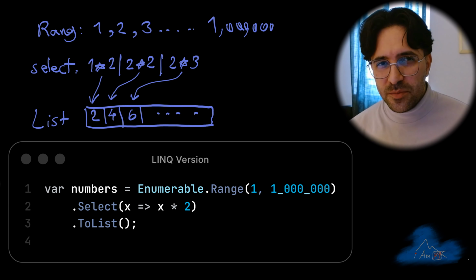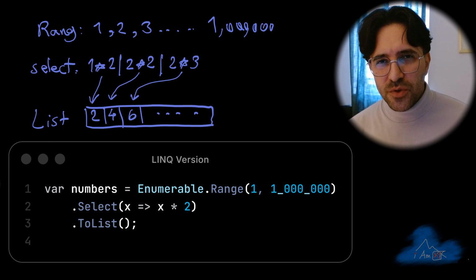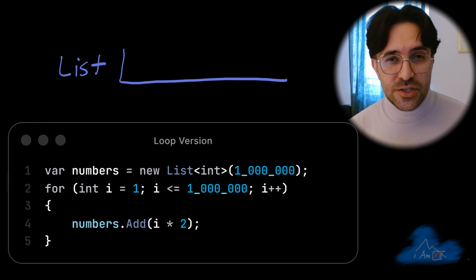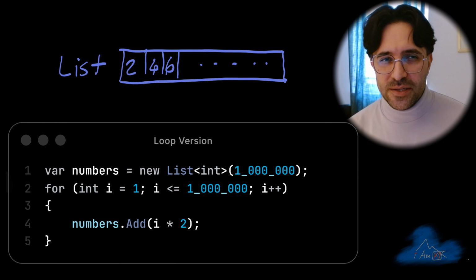Along the way, temporary helper objects appear, iterators, enumerators, and so on. You don't need to know how they work. What matters here is the shape they leave behind. In the loop version, memory is shaped up front, the list is allocated first, and then the code runs inside that space.